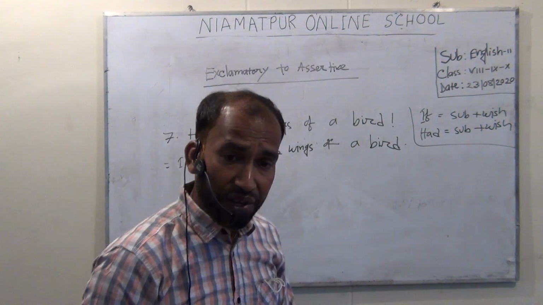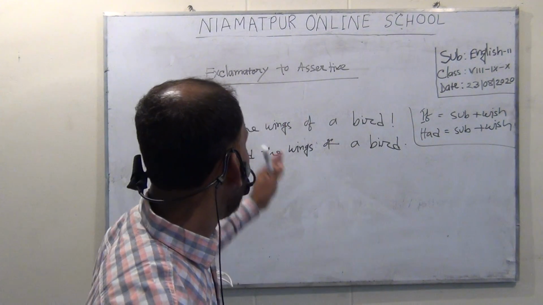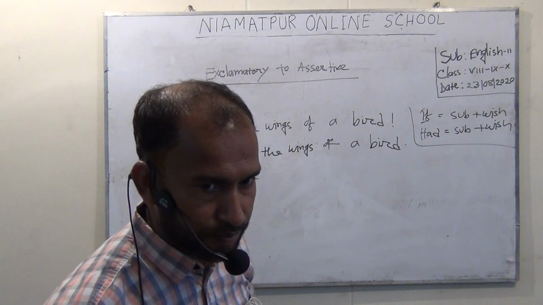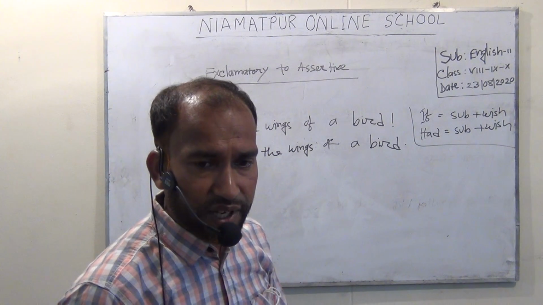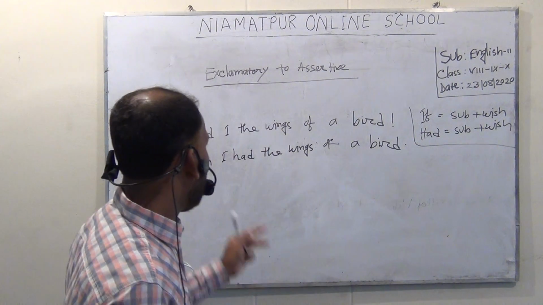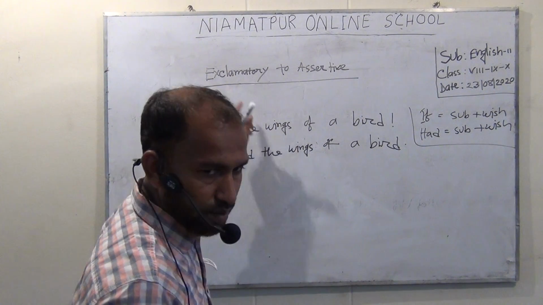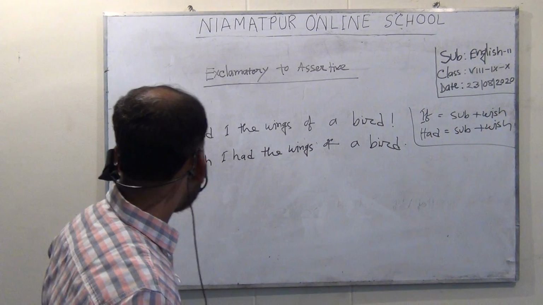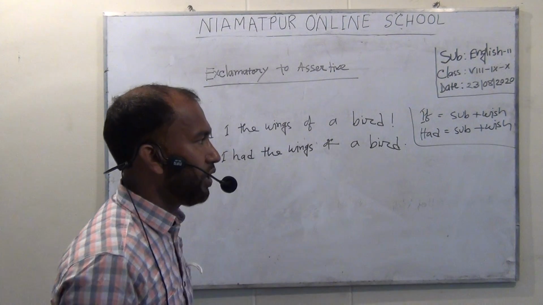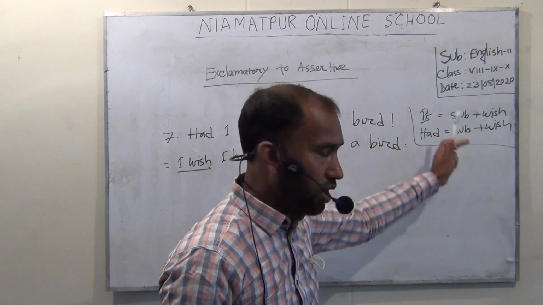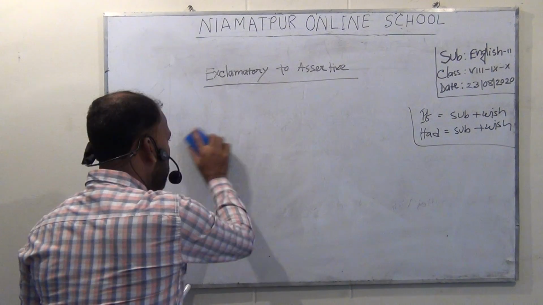Dear student, in this way we can transfer from exclamatory to assertive. For students of any level, the exercise may be used to change exclamatory to assertive. This is I wish, had is equal to subject plus wish. If is equal to subject plus wish.